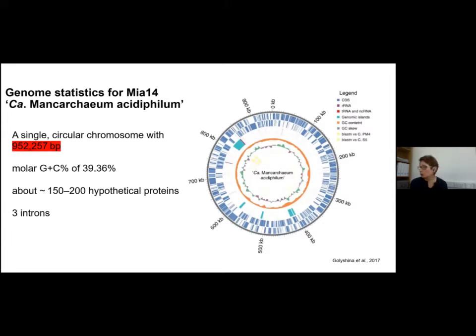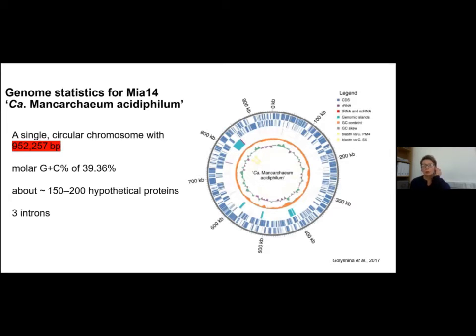And what we found is that the genome is very small, less than 1 mega, has quite a big proportion of hypothetical proteins, and also has 3 introns.